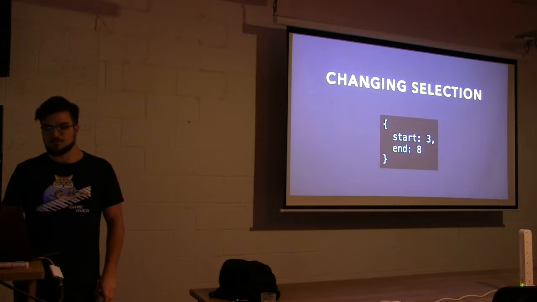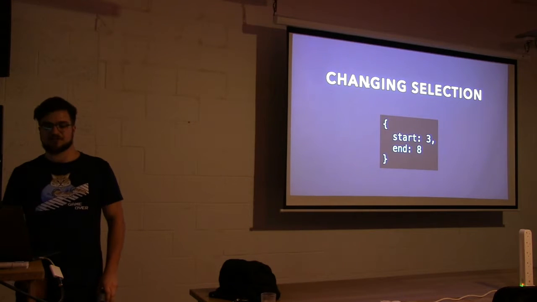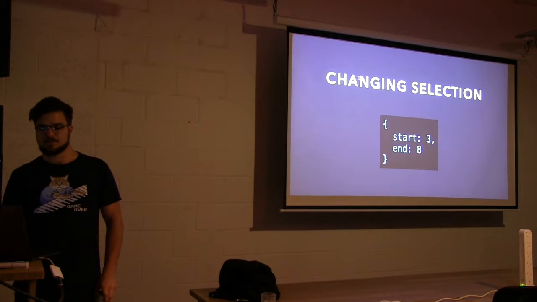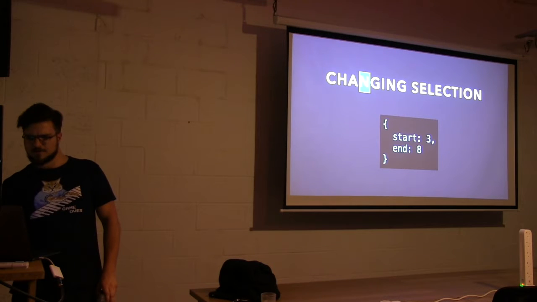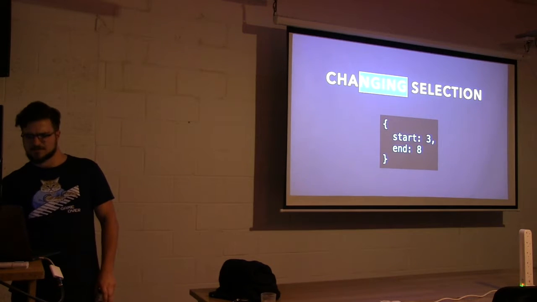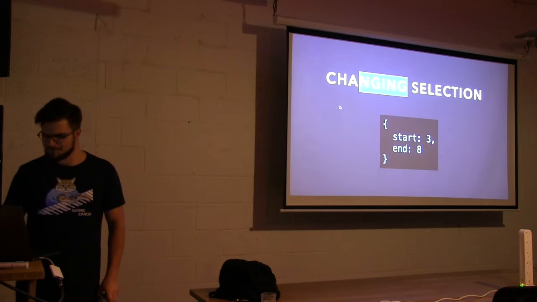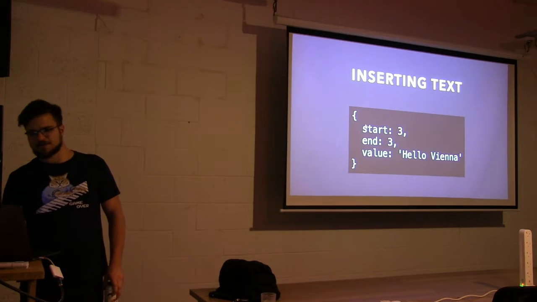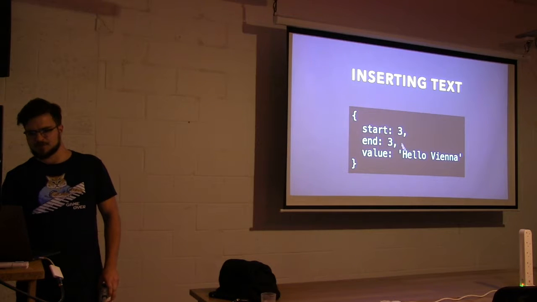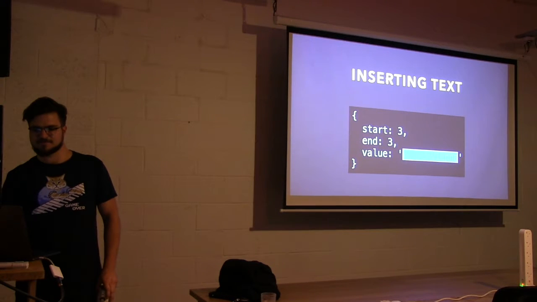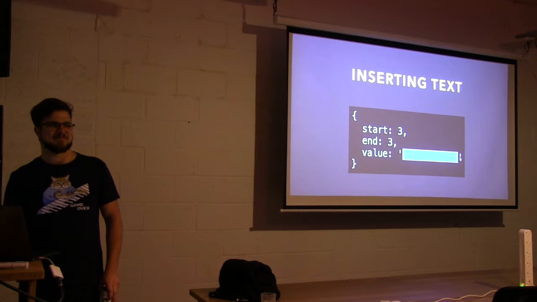This is, for example, how we change the selection. So what that would do is, that's 3, 4, 5, 6, 7, 8. That'd be this selection, if this were a document. Inserting text: this would insert, oh sorry, that's still from my previous talk.